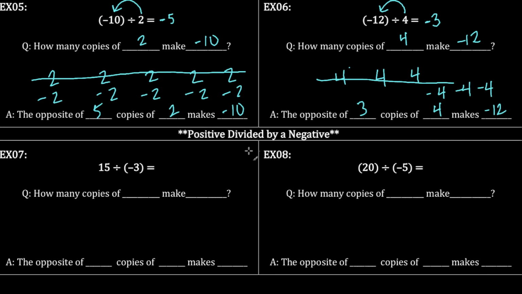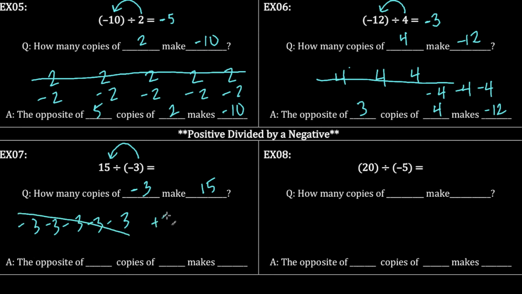And lastly, we have a positive divided by a negative. So how many -3's fit into 15? How many copies of -3 make positive 15? Once again, we have a problem. Negative 3, negative 3, negative 3, negative 3, negative 3. This would make negative 15, so we can't use this.